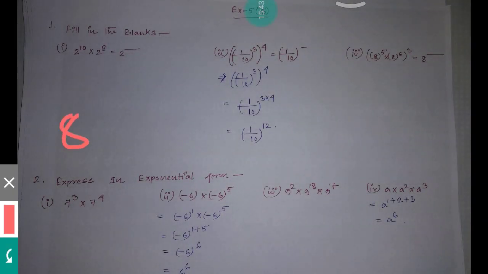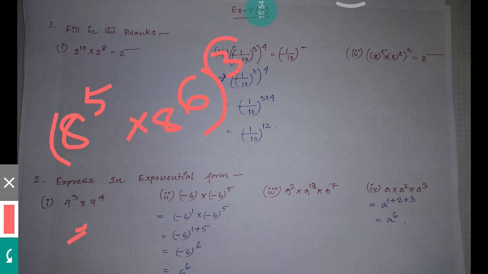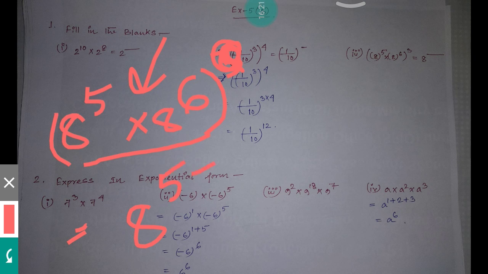Similarly, see this one, 8 power 5 ... this one I will do, but you have to do it by yourself in your copy. Power 3. First forget about this one, you have to do the bracket work first. So inside the bracket, this work we have to complete. Forget about this 3, just focus on this one. Here what is given? 8 power 5 into 8 power 6. Which formula is matching? Formula number 1, because the bases are the same, multiplication is given, that means the power will be the addition, 5 plus 6.